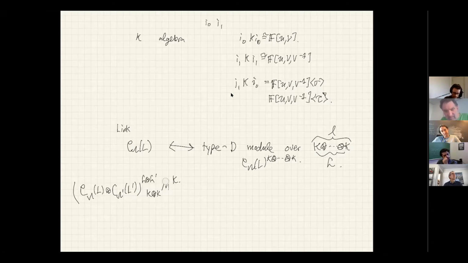Then you do a box tensor product with this other module, where you input the special components into some third module. This is the type D module over the tensor product L double prime.